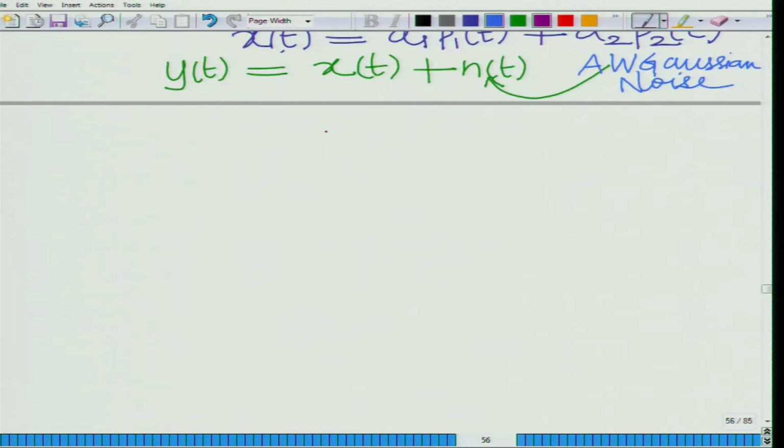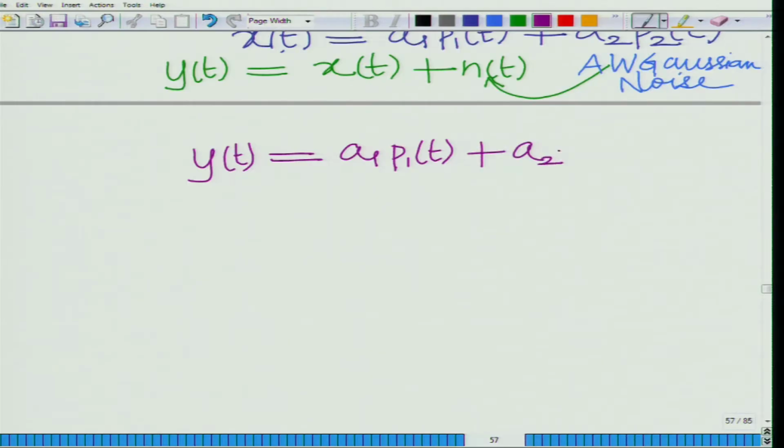Therefore, I can write y(t) equals A1 P1(t) plus A2 P2(t) plus n(t).